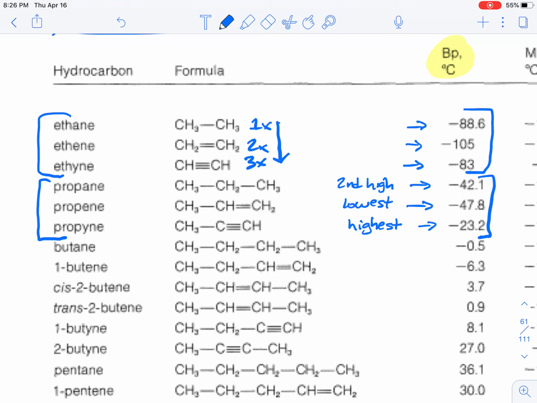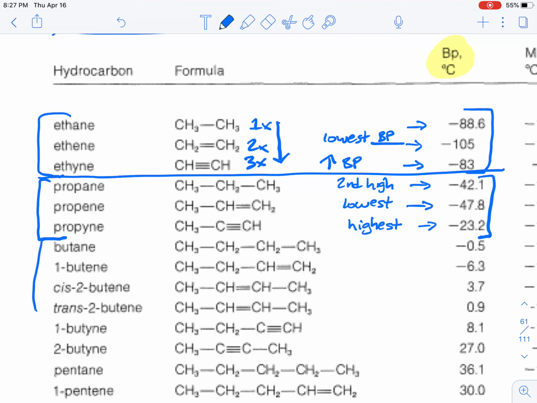If you look at the two carbons and the three carbons, just based on these values, you can see a pattern emerge where your alkyne will typically have the higher boiling point, and then your alkene is going to be the lowest in boiling point. The alkane is just going to be the middle ground between the two. You can go ahead and see it here as well.